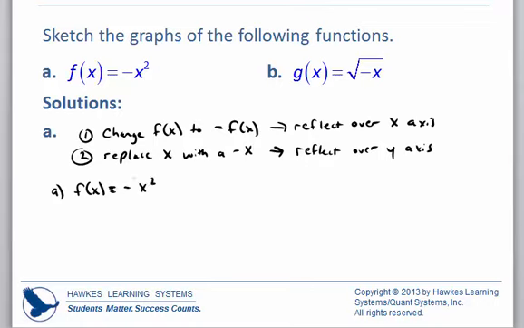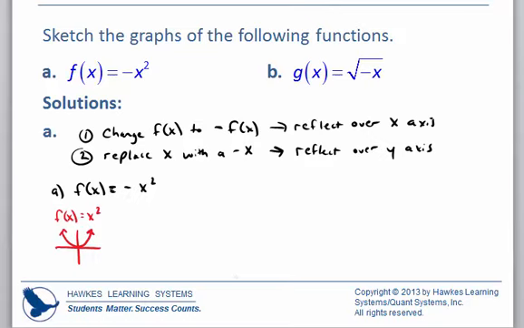Again, you need to think about what your basic graph is and what it looks like. This one is based on the graph of x squared, which we know is a parabola with vertex at 0, 0. So what has happened here?